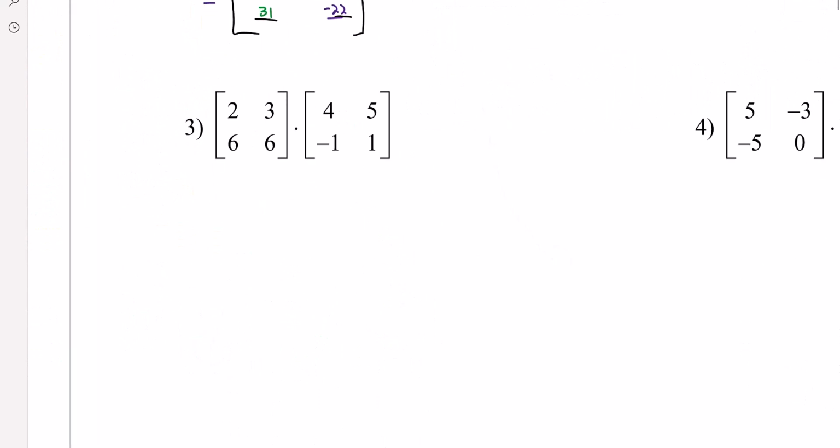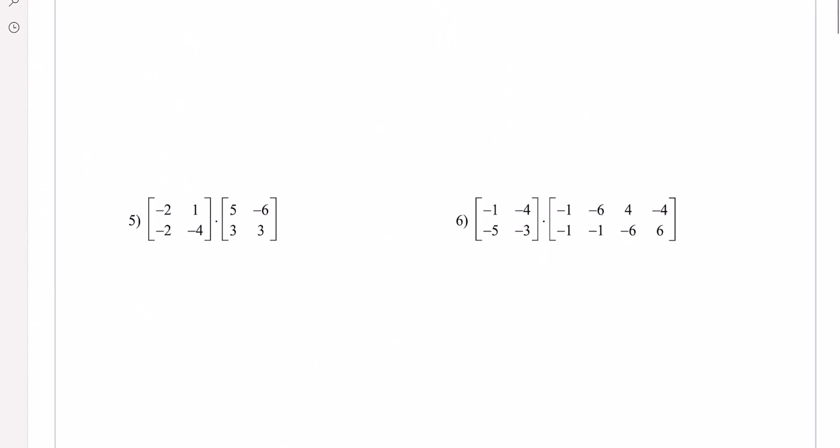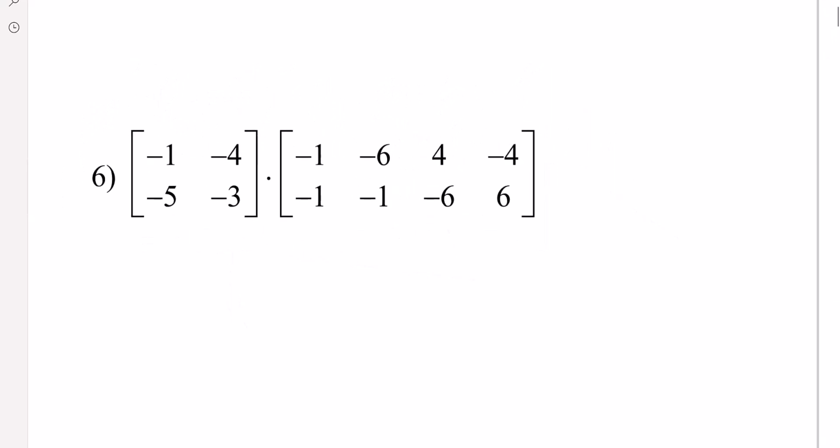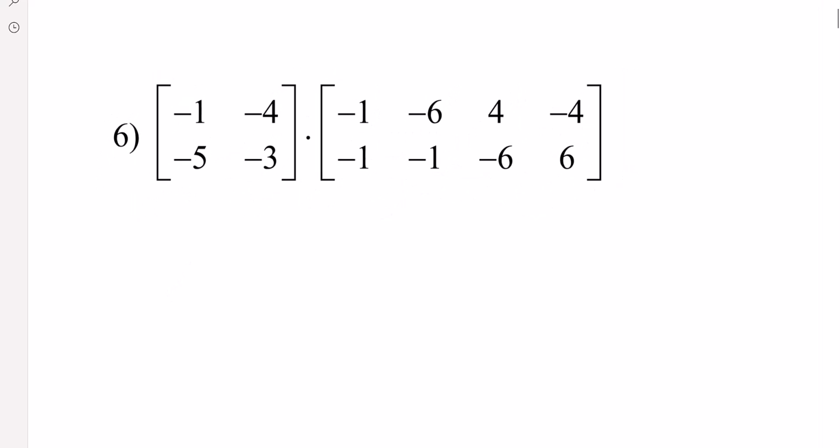Okay, let me find one that is not the same. Okay, let's come down to number 6. I'll do another couple probably with you, but all right, so first we have to identify. So 2 rows by 2 columns. So 2 by 2. And then this is 2 rows by 4 columns.